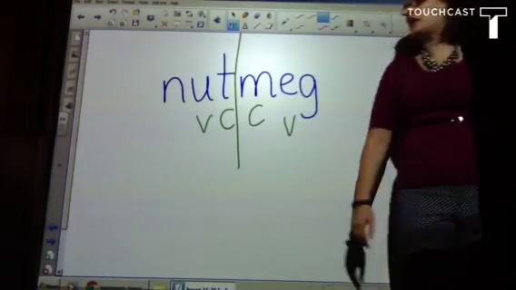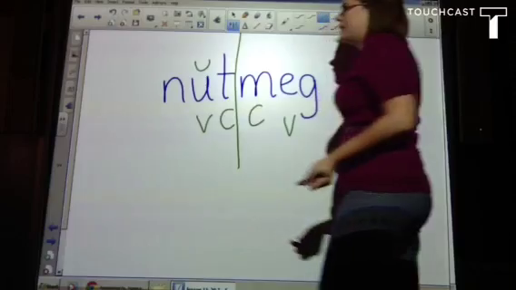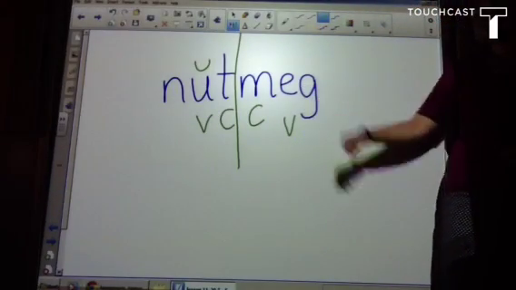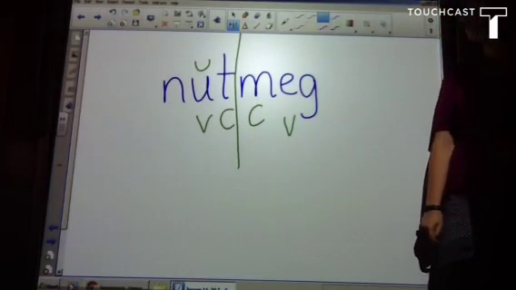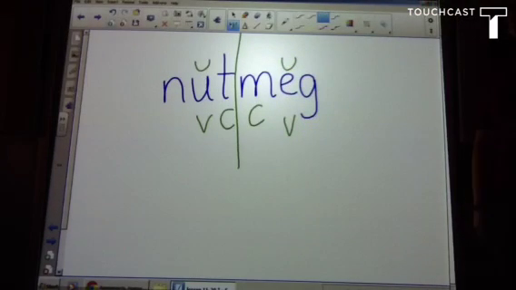Now we can code our vowels. How am I going to code that U? With a breve. Why? Because it has a consonant afterwards. Good. What about this E? It's the same thing. With a breve, because there's a consonant. The G is a consonant. Good. And it's after the E, which is a vowel. Good. There's one more thing we need to do. Do you remember the very last step? No, I forgot.